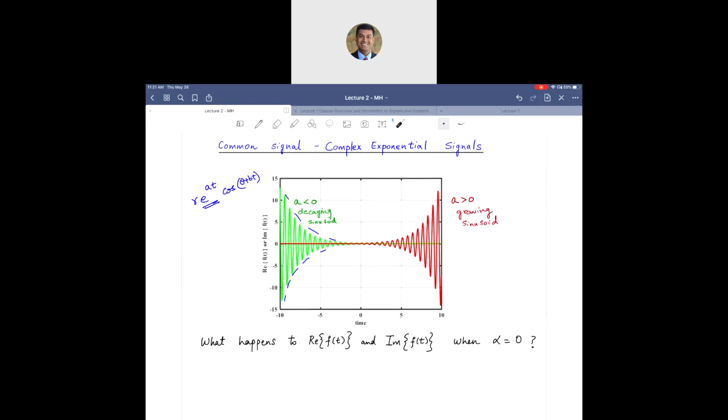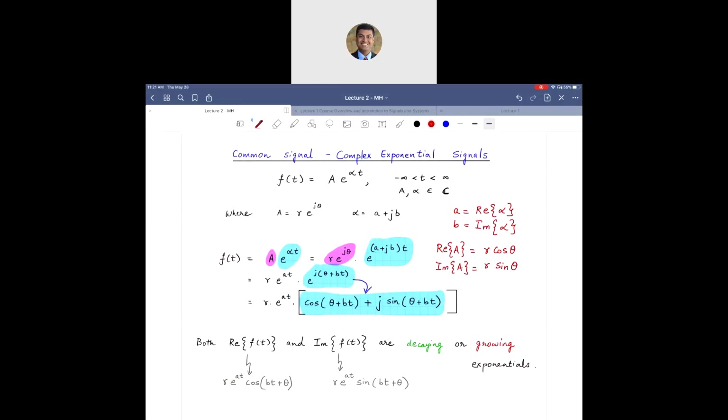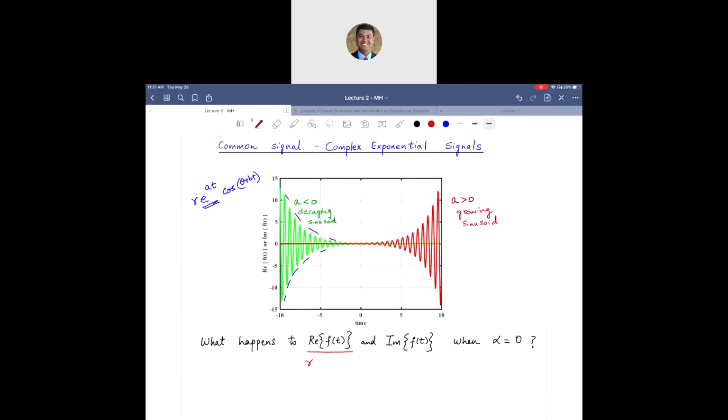How about this? What happens to the real part of f of t and the imaginary part of f of t when a is 0? Sorry, I shouldn't say alpha, it should be a. So a greater than 0 is there, less than 0 is there.